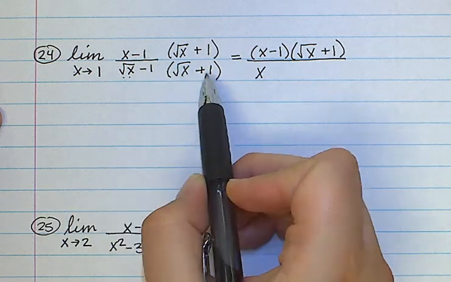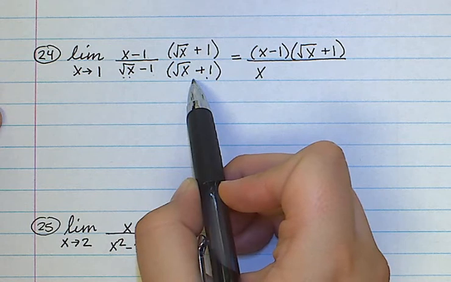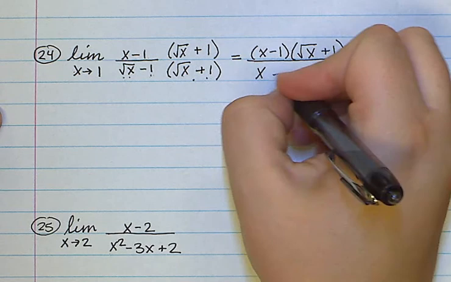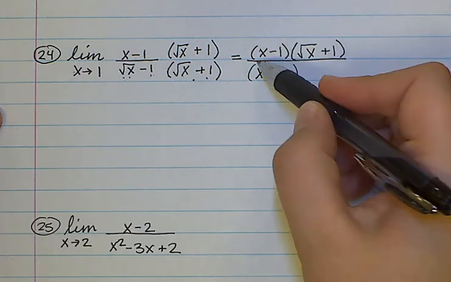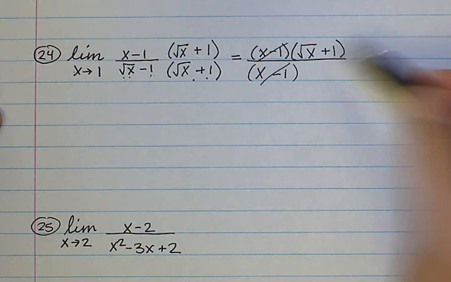Positive 1 square roots of x, negative 1 square roots of x, so those two cancel. Negative 1 times positive 1 is negative 1. Put parentheses around it just to see how easy it is to cancel. And I'm left with root x plus 1.